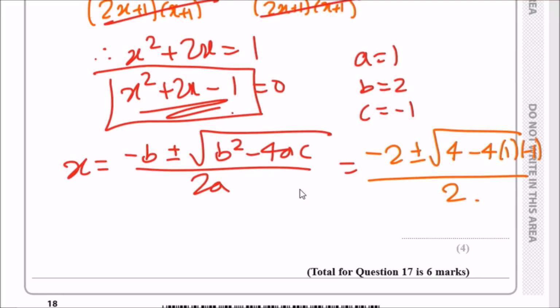So minus 2 plus the square root of 4 minus 4 times 1 times minus 1, all over 2. Okay, I got a third, but converting it, I got firstly x equals 0.414 using the plus sign, and if I use the negative part, I should get minus 2.41.